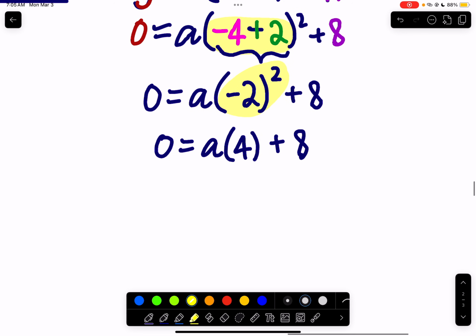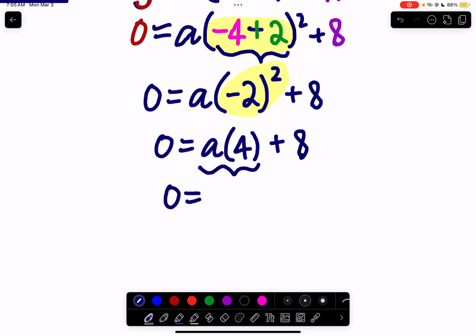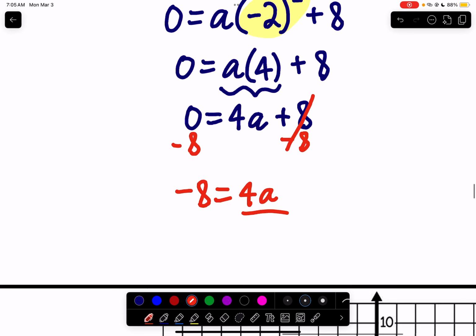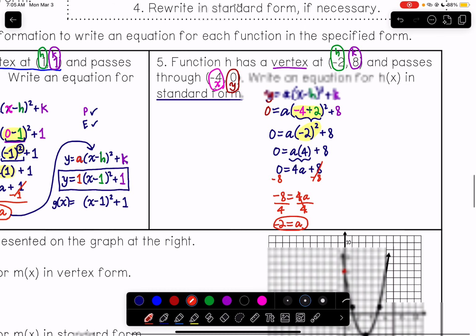And just like last time, this is being multiplied, so I cannot add the 4 and the 8 because the a and the 4 are being multiplied. So I can say 0 equals 4a plus 8, and now we're solving for a. So minus 8 on both sides. -8 equals 4a, divide by 4, a equals -2. Okay, awesome.